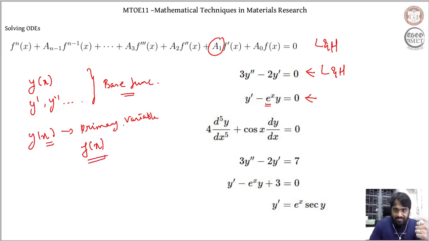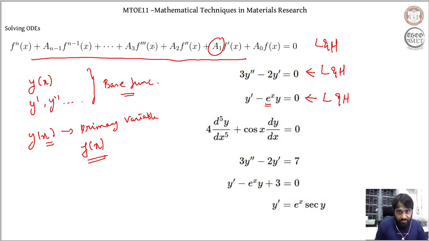Since my base function is similar to that of the generalized expression, and the sum of all these terms is equal to 0, this ODE still remains linear and homogeneous. Let me repeat: since my base function does not deviate from this template, and the sum of all these terms is equal to 0, my ODE still remains linear and homogeneous, even though instead of a constant coefficient I have a coefficient that is a function of my primary variable.